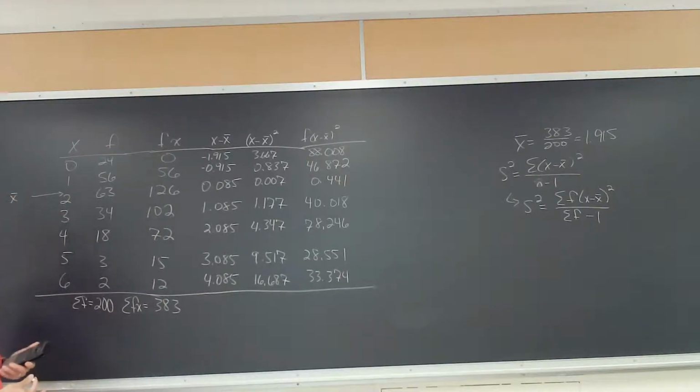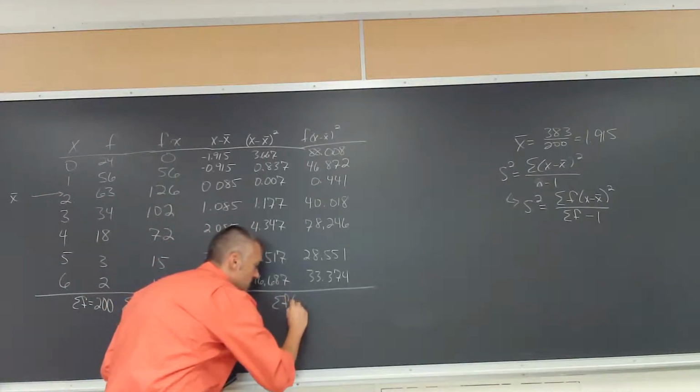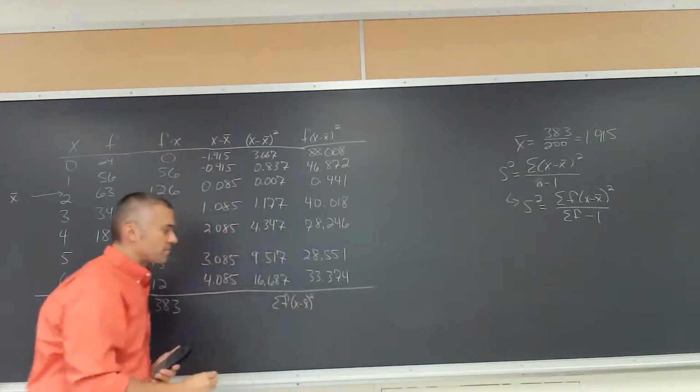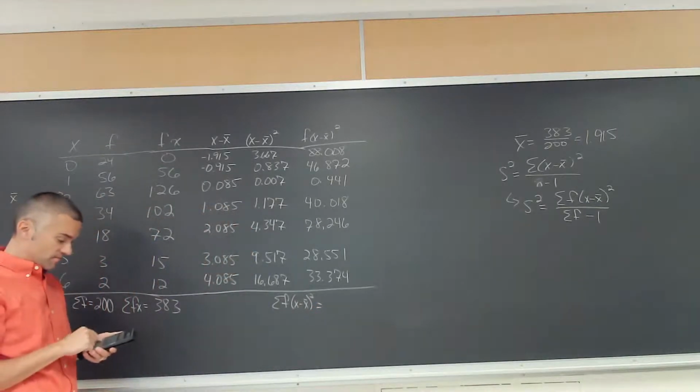That's how it should be, because that's where the bulk of our data fall. So now what we do is sum up that column, and this represents the sum of our f times the x minus x bar squared term. We add that up. This is the sum of our squares.